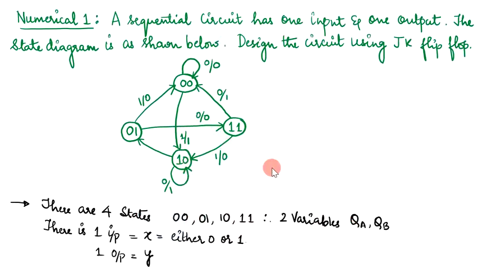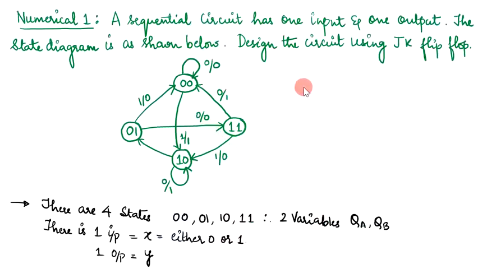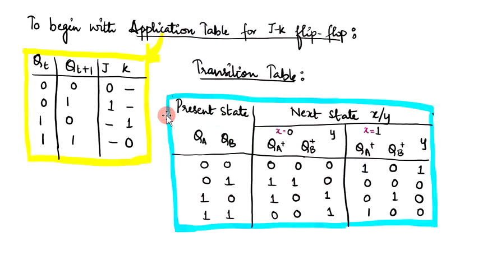The next step in the process would be to draw the application table for the JK flip-flop. That is because they have asked in the question clearly that we need to design the circuit using the JK flip-flop, so we need to know the application table for the JK flip-flop.